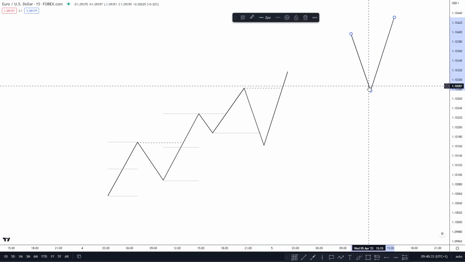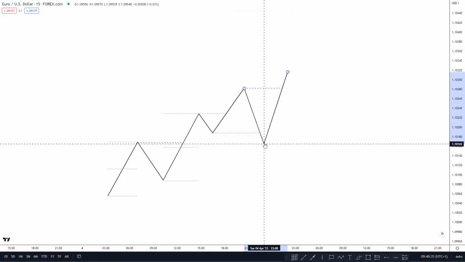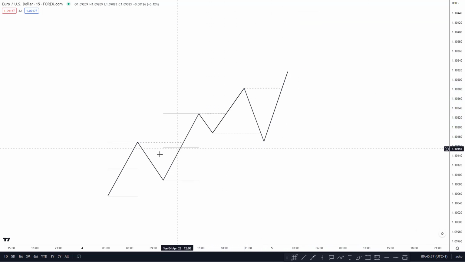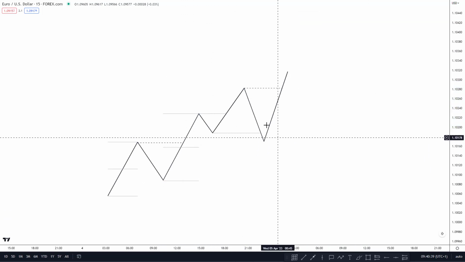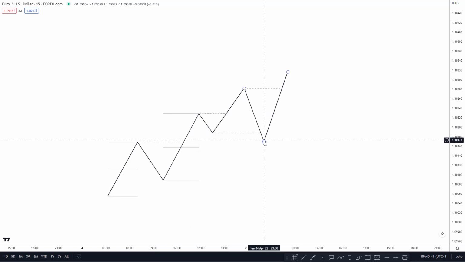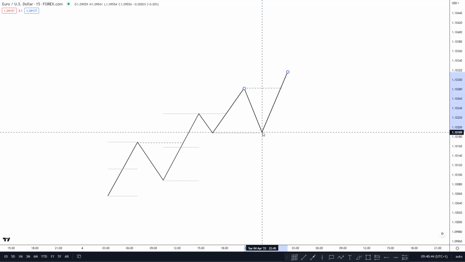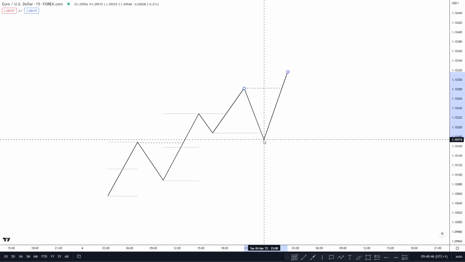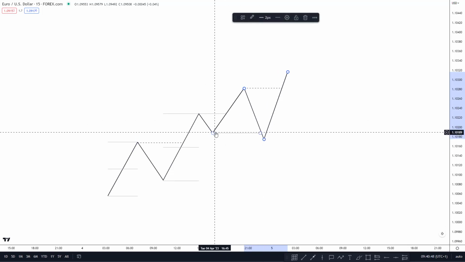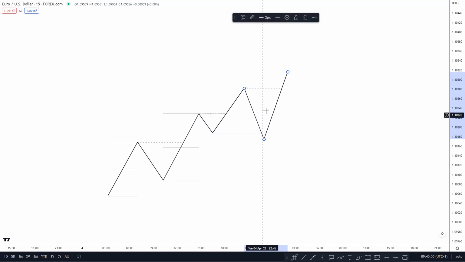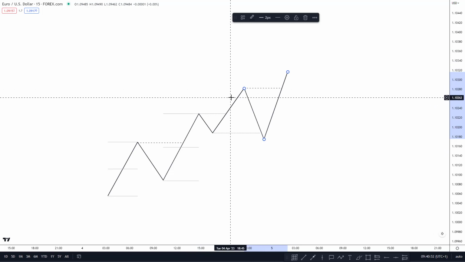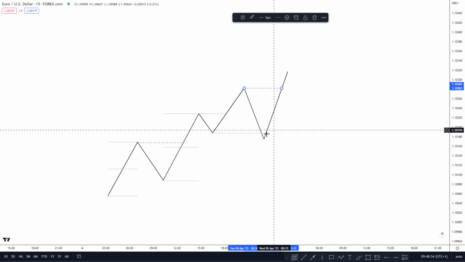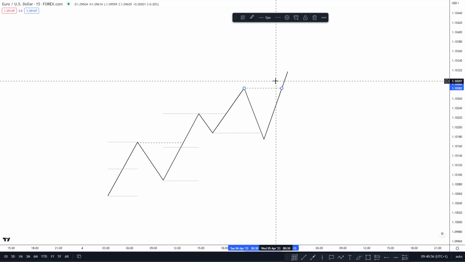In this case, it doesn't necessarily have to mitigate this previously unmitigated discount. It can be a break, a mitigation, a sweep, whatever you like, of this leg of price before continuing up, and that is still a re-establishment of order flow back to major structure.